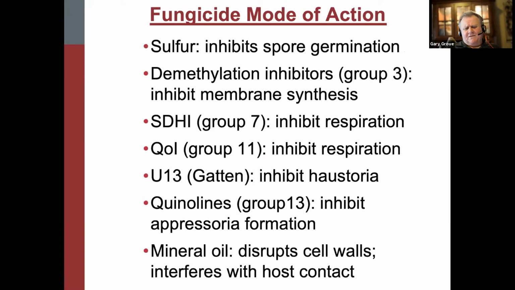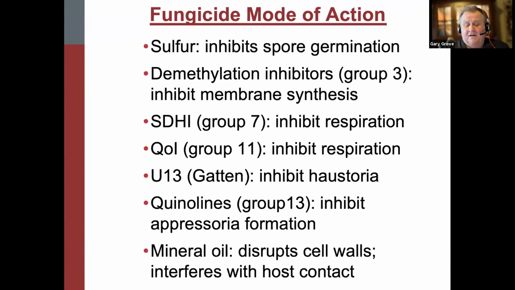So some different modes of action for our mildew fungicides. Sulfur inhibits spore germination. The DMIs, group 3s, inhibit membrane synthesis in the fungus. The SDHIs inhibit respiration. The QoIs, or group 11s, also inhibit respiration, but they do it in a different place cellularly. U13 inhibits the formation of haustoria.